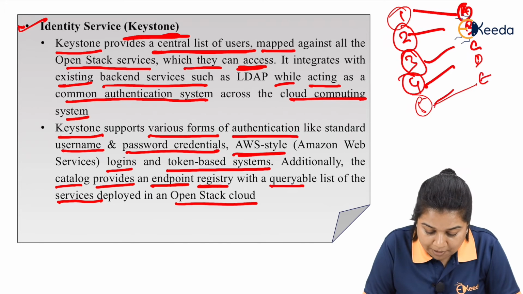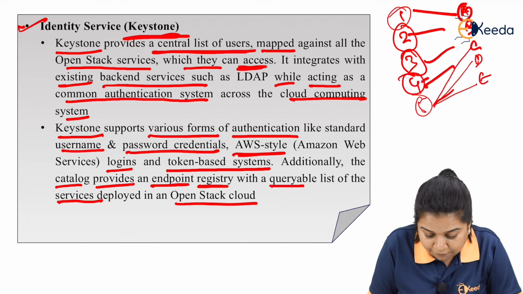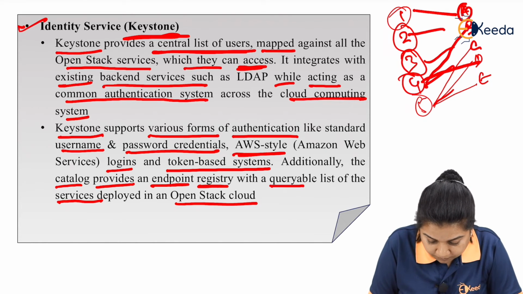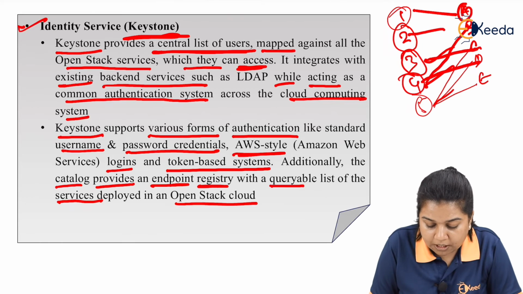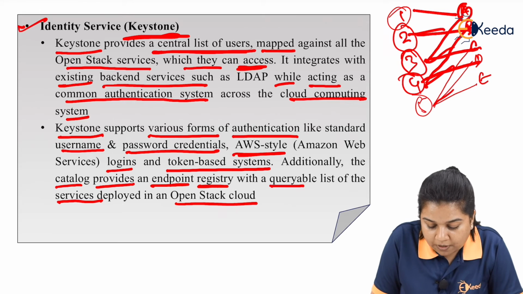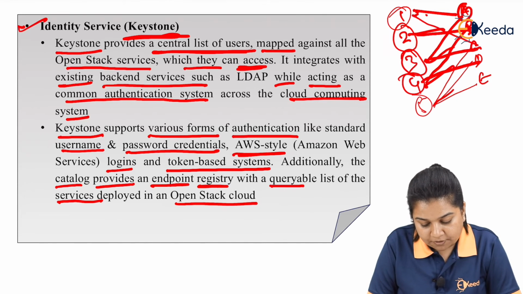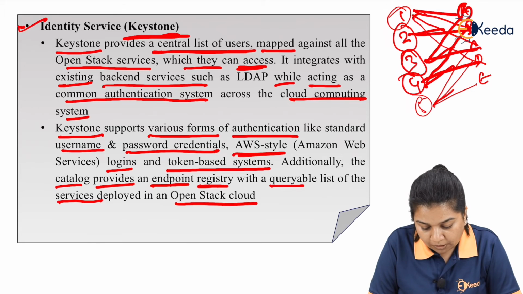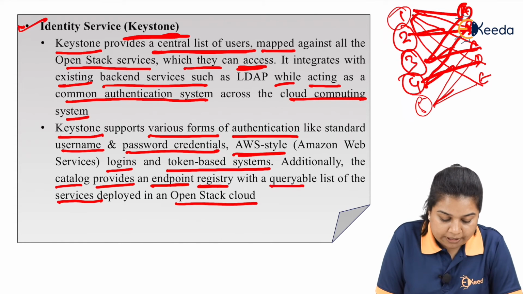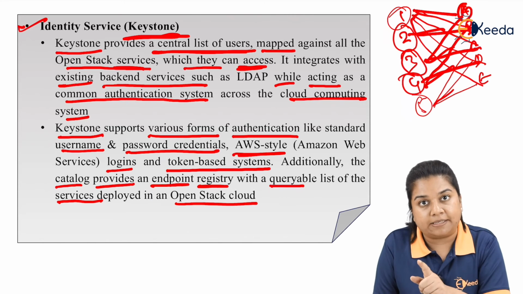So, for example, user 5 uses 3 services, user 4 uses 2 services, user 3 uses 2 services, user 2 uses 1, and user 1 also uses 1 service. So it is mapped against the OpenStack services which the particular user can access.